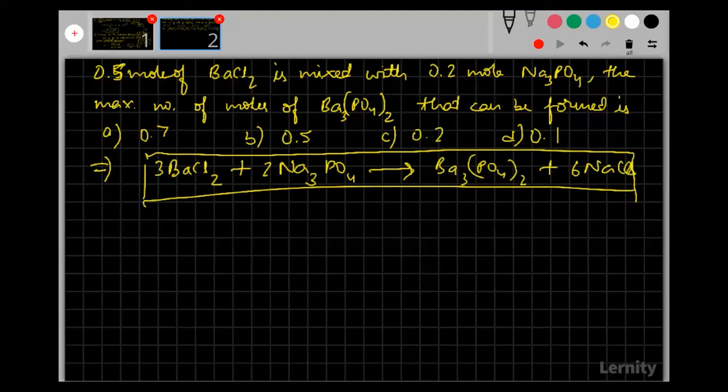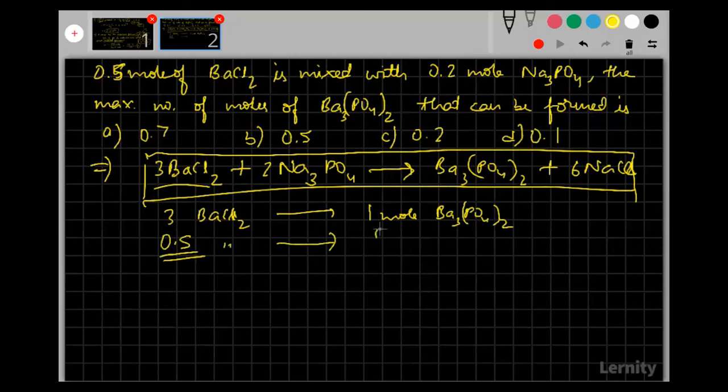Now you can proceed easily. See, it's 3 moles of barium chloride. Yeah, good. Most of you have got it correct. That is giving us 1 mole of barium phosphate. Yeah, good. Now everyone has got it correct. So here if it is 0.5 mole of barium chloride, what will be the moles of barium phosphate formed? So it will be 0.5 by 3. So this will be around 0.166.